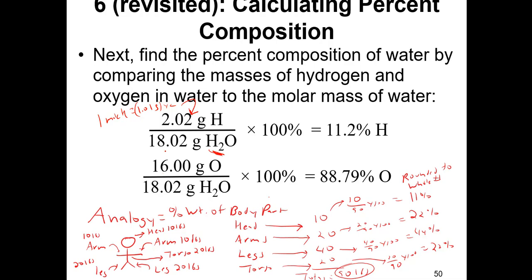If we take a look at the total weight, that's where they have 1 mole of hydrogen, which is 1.01 grams. They have another hydrogen, 1.01 grams, and then they have the oxygen.